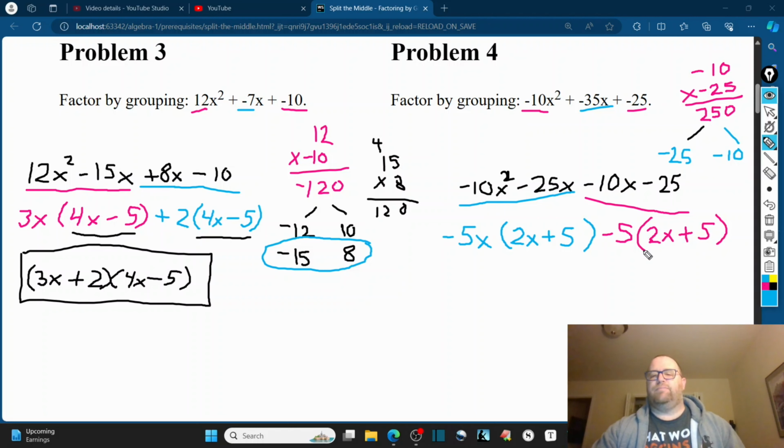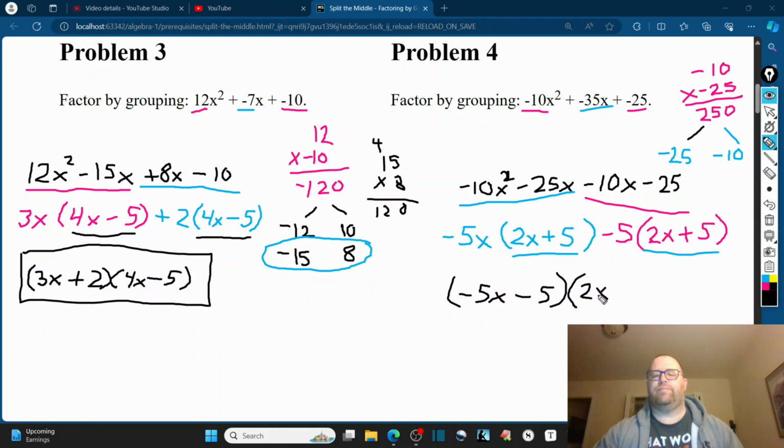So again, I'm checking as I go. These two match. That's good. So we're going to get negative 5x minus 5 times 2x plus 5.